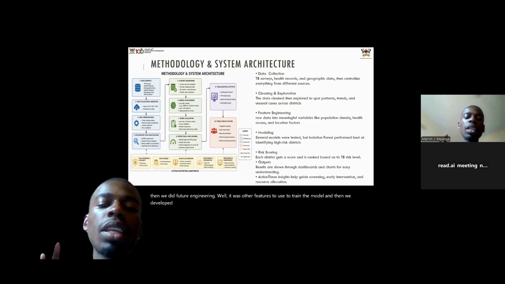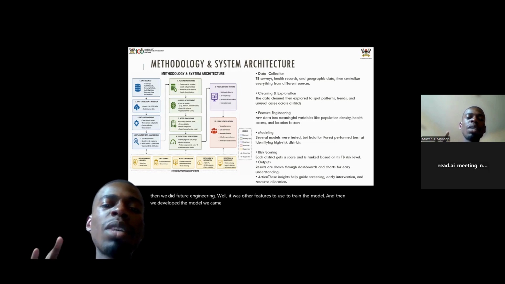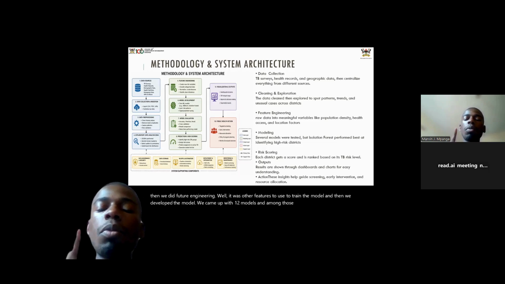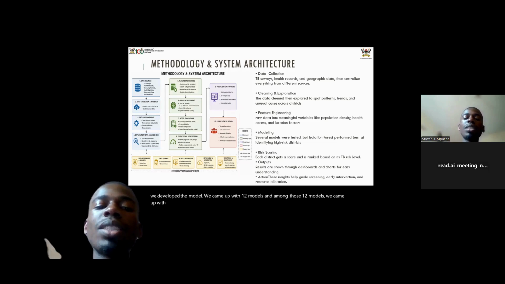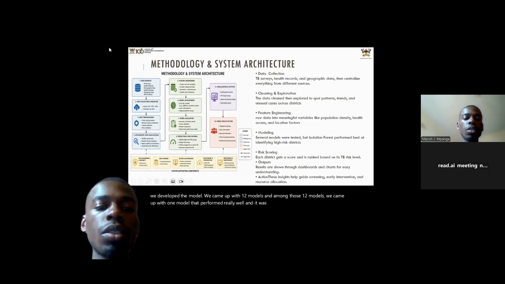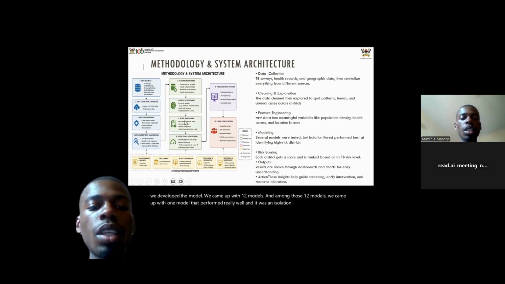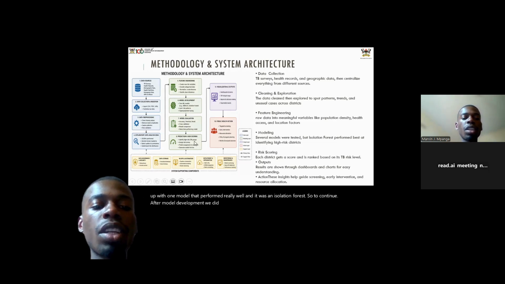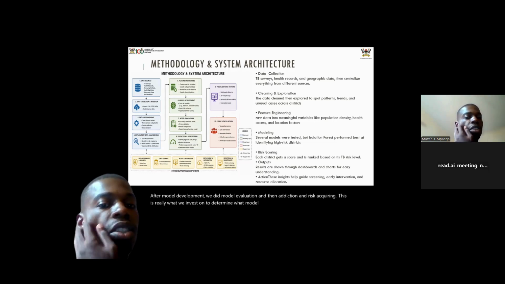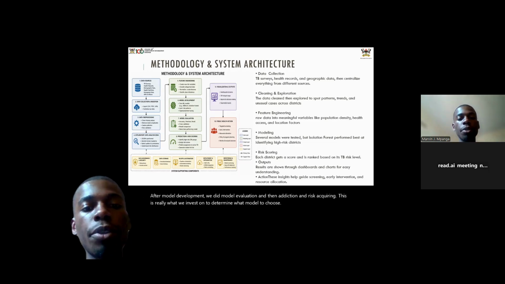We came up with 12 models, and among those 12, one performed really well, and it was an isolation forest. To continue, after model development we did model evaluation, and then prediction and risk scoring. This is what we based on to determine which model to choose for production.